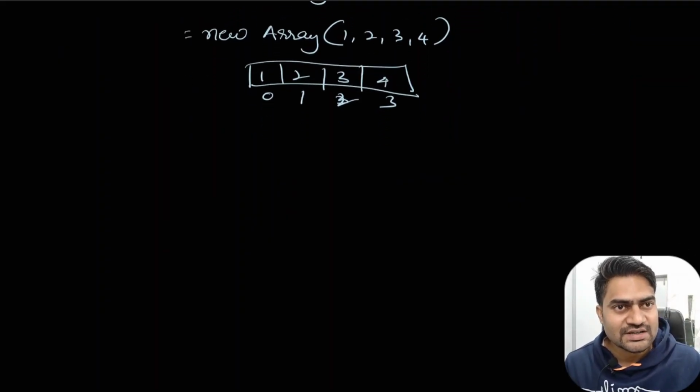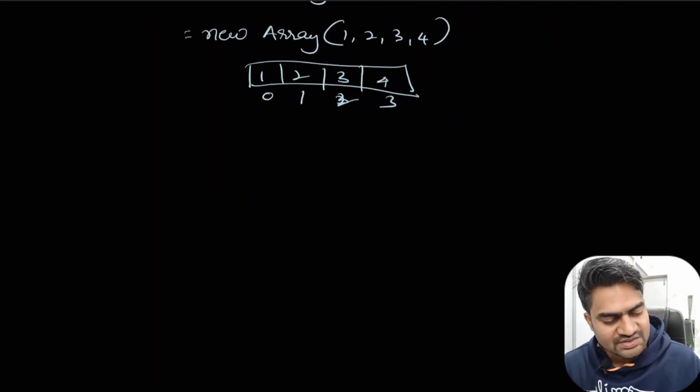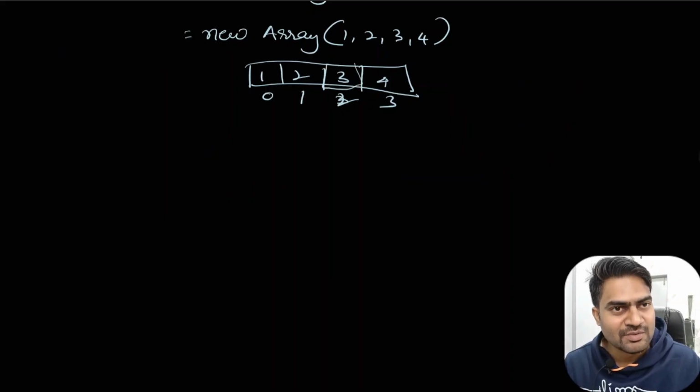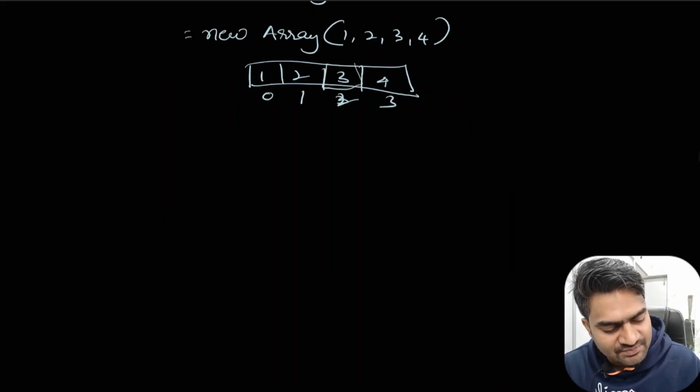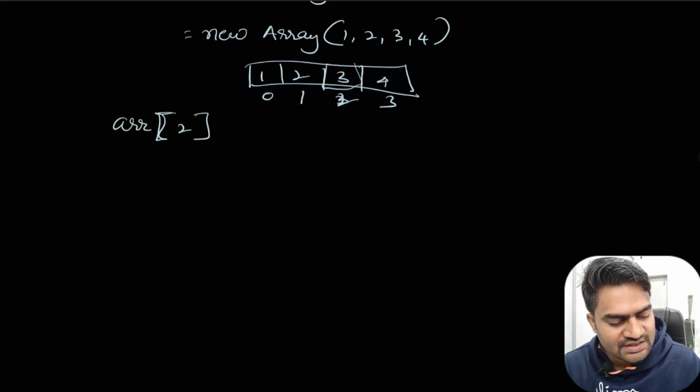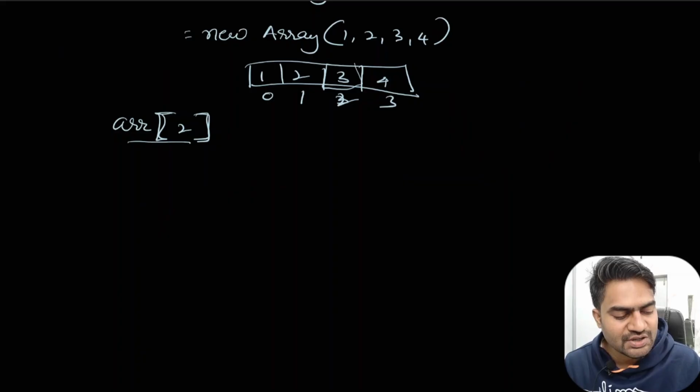Now let us understand how to access the elements. If I want to read this particular element, how can I do it? I can simply say array of its index, given in square brackets. If we do this, we will be able to read the element at that index. Now assume I want to change this element 3 to something else, maybe 5.